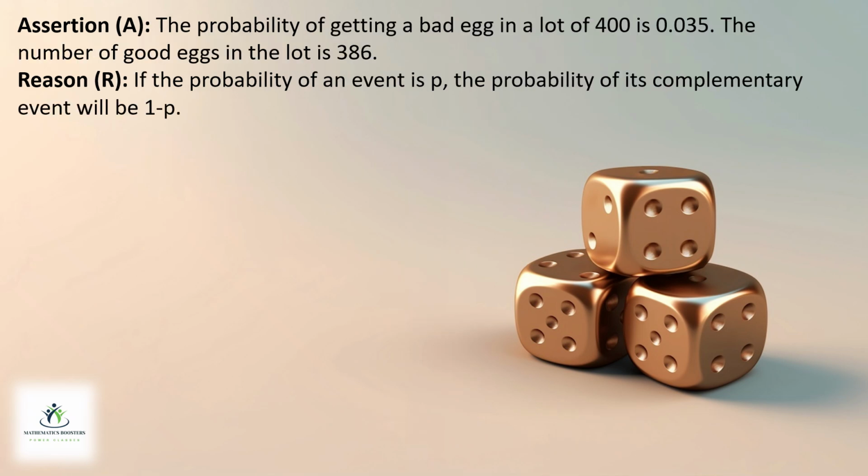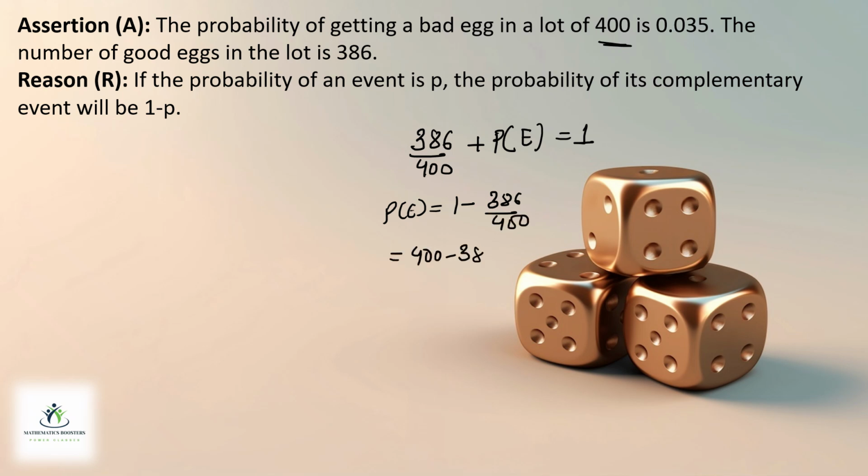Next. The probability of getting a bad egg in a lot of 400 is 0.035. The number of good eggs in the lot is 386. So let's check: 386 by 400 plus P of E should be equal to 1. So P of E is 1 minus 386 by 400. 400 minus 386 by 400.